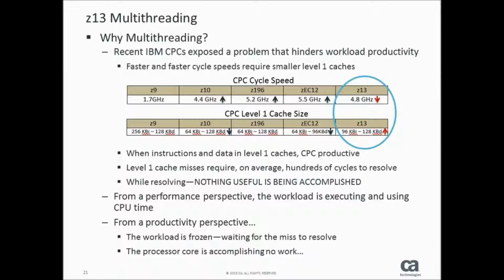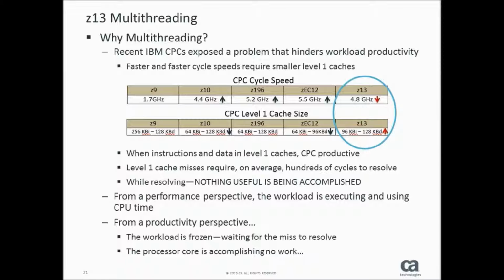So they've slowed it down a little bit, made the caches a little bit bigger, but they're going to allow these processing chips, these initially zIIPs for z/OS, to run 2 workloads simultaneously within the same chip. And that means that 2 workloads are going to be sharing the same level 1 cache.